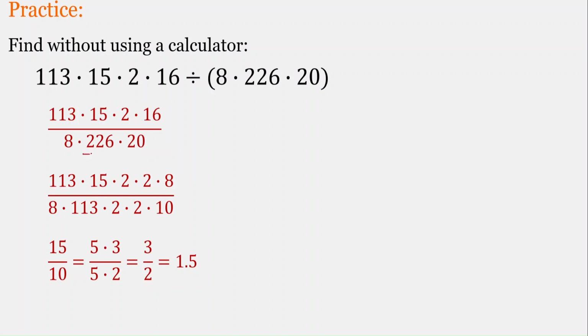If you notice, 226, well, that's double of 113, so that allows us to cancel that out. 16 is 2 times 8, so that gives us those 8s that can be canceled out. And then we have 2's. We have a couple sets of 2's that all get crossed out, leaving us with 15 over 10. We can factor that down further, leaving us with either 3 over 2, 3 halves, or we convert that to decimal 1.5.